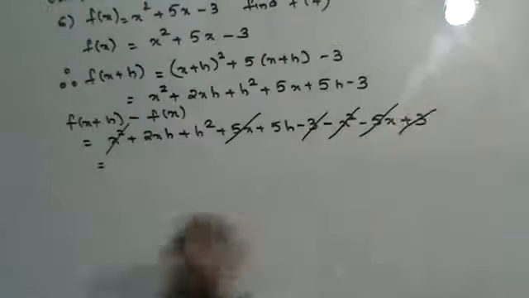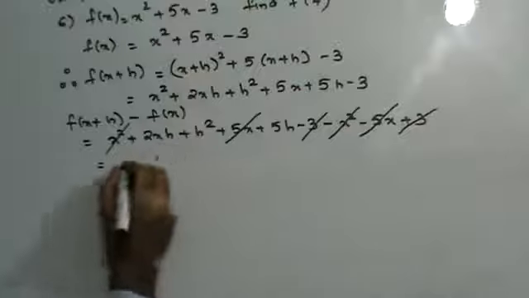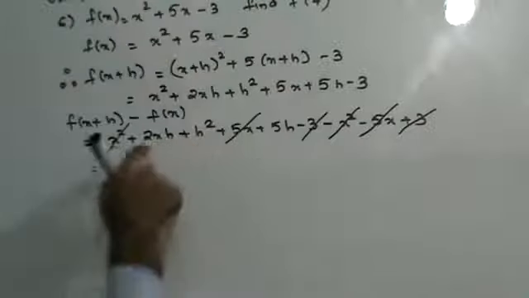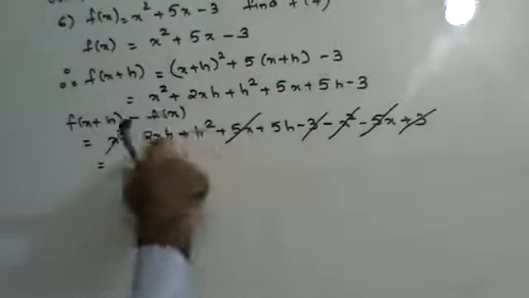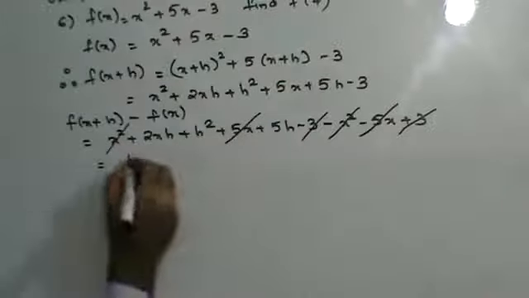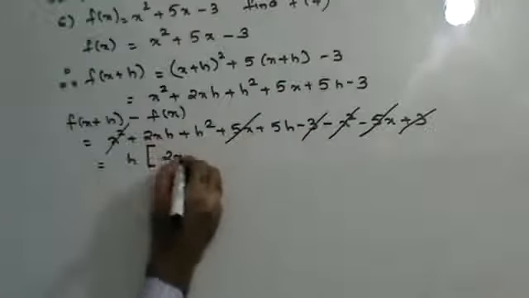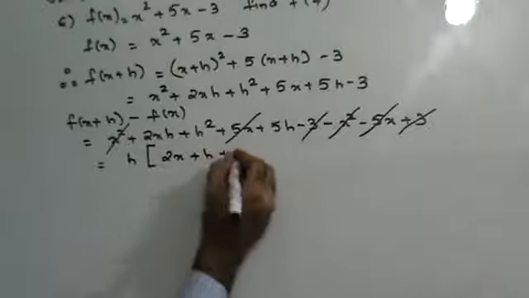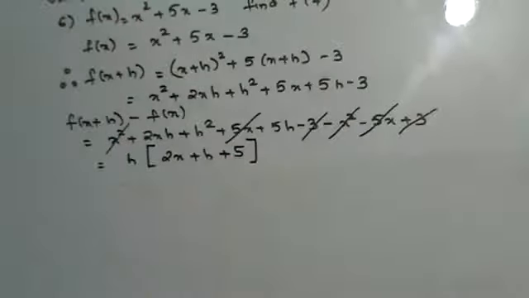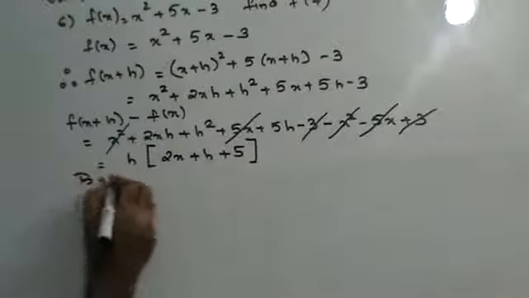Minus 3 and plus 3 get cancelled. That leaves me with these three terms, all of which have an h in them. I can take h common, so that will give you h times (2x plus h plus 5). Right? Now apply first principle.